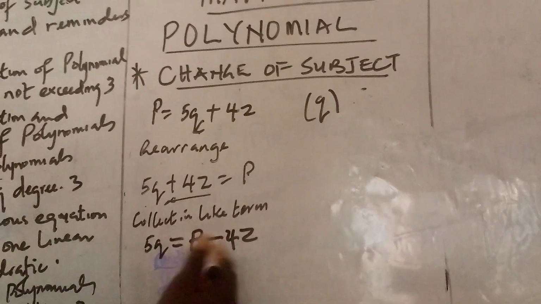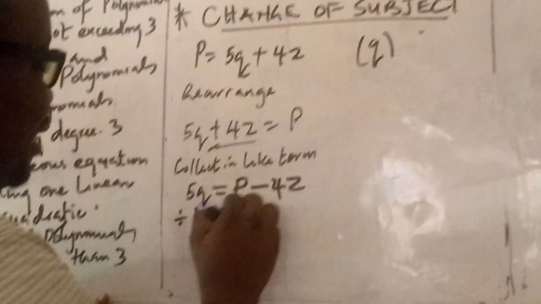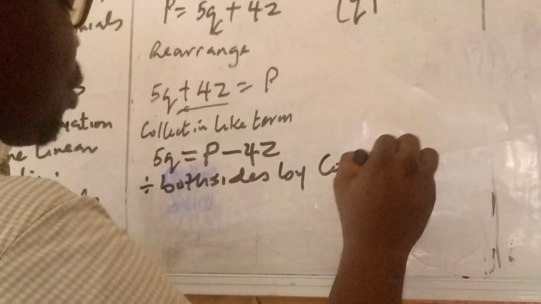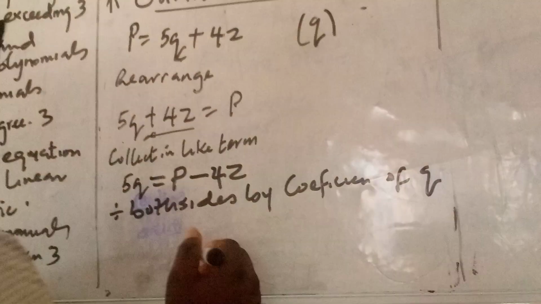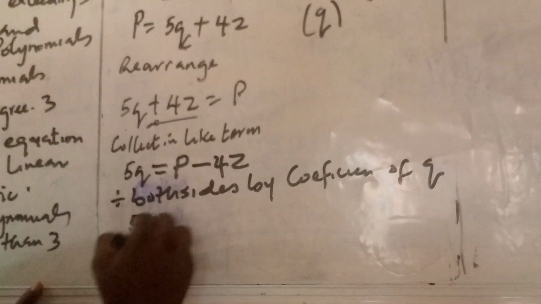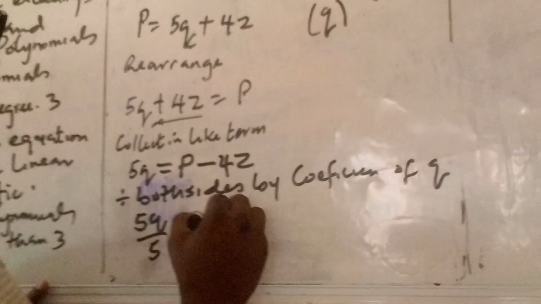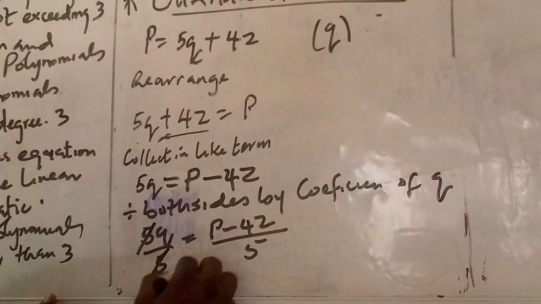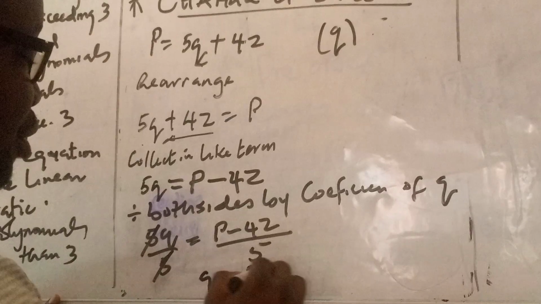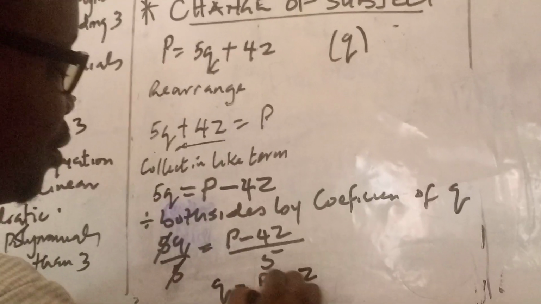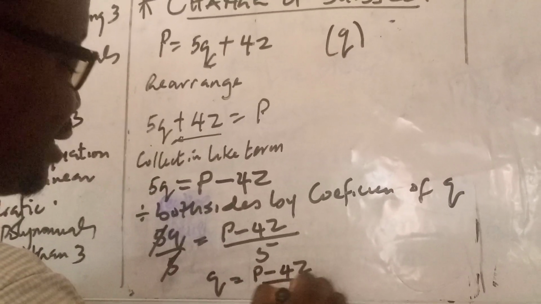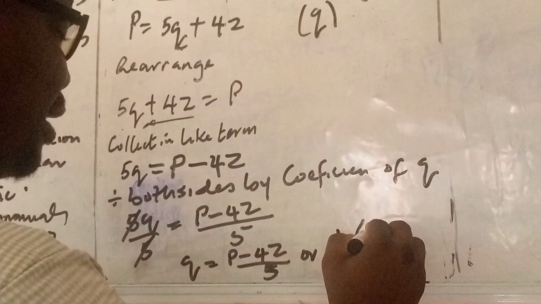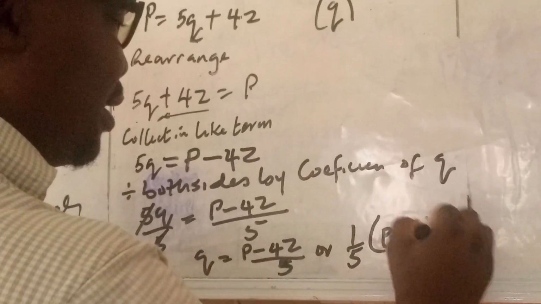Then divide both sides by the coefficient of Q. So 5Q divided by 5 is equal to P minus 4Z divided by 5. This 5 cancels this 5, then my Q equals P minus 4Z all over 5. This is the answer. Or in JAM, they can present the answer as 1 over 5 into bracket P minus 4Z.